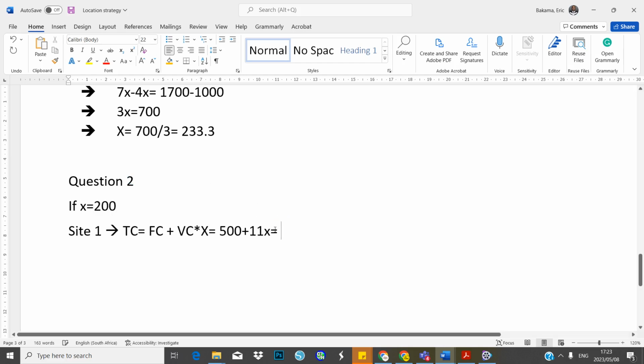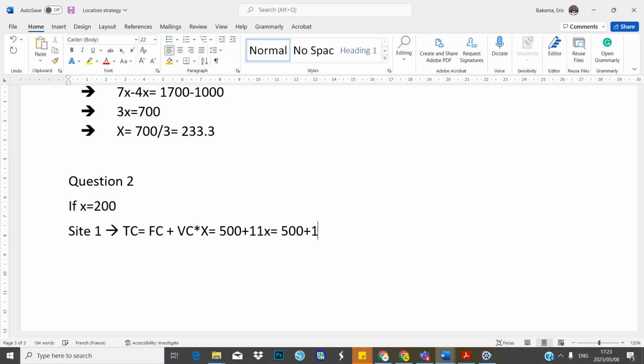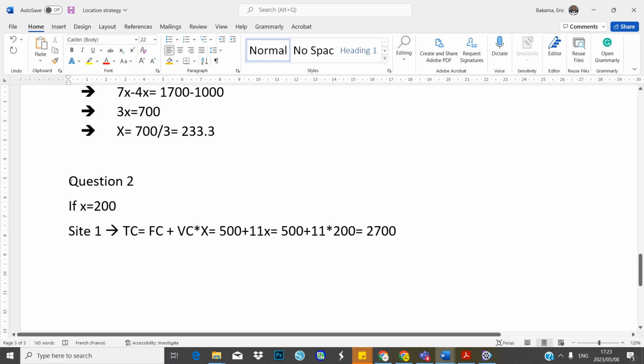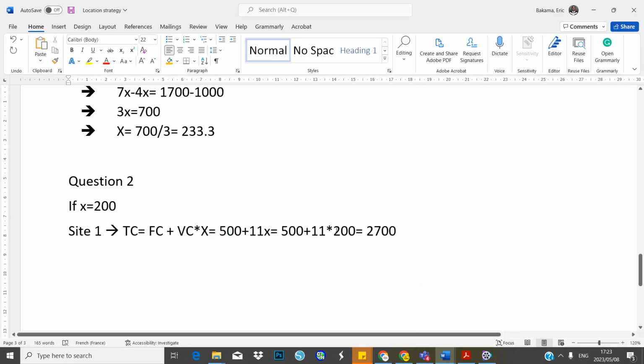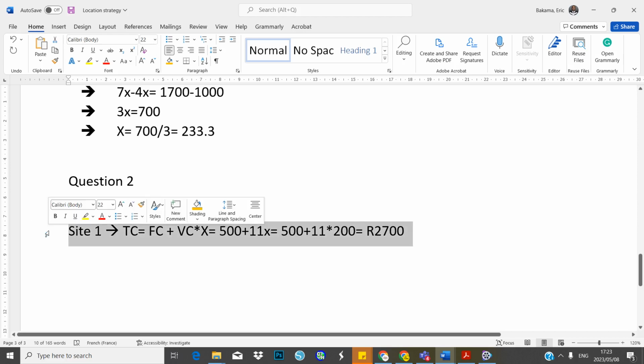So we will have 500 plus 11 multiplied by 200 units, which gives 2,700. So if site 1 is producing 200 units, this is what is going to cost the company: 2,700.